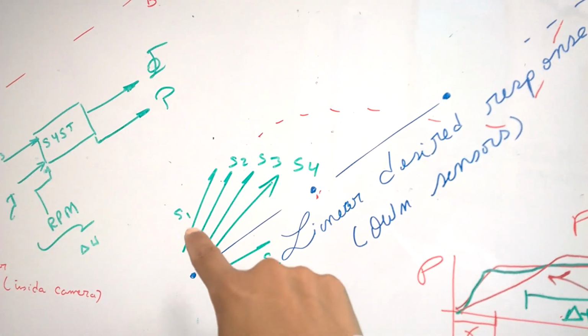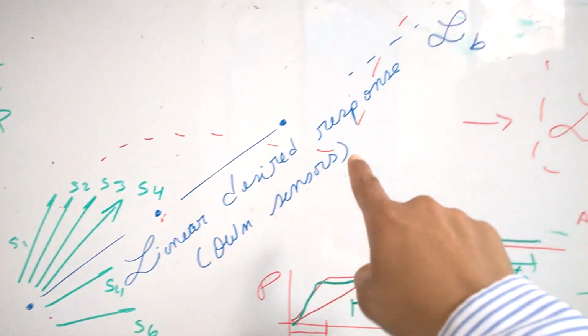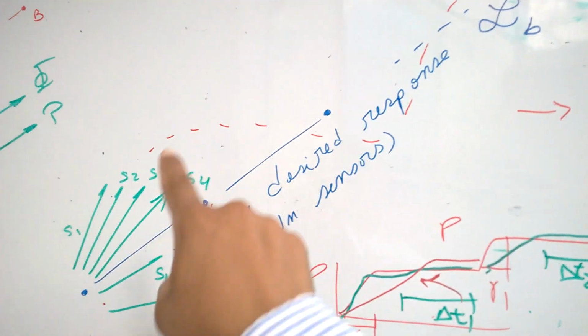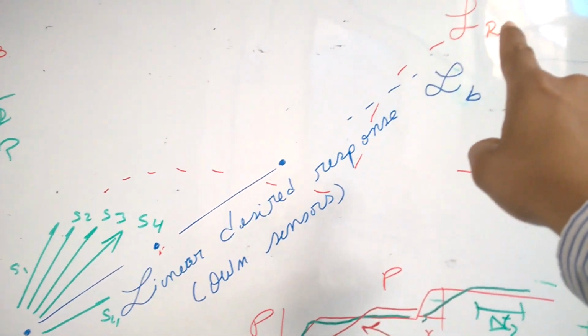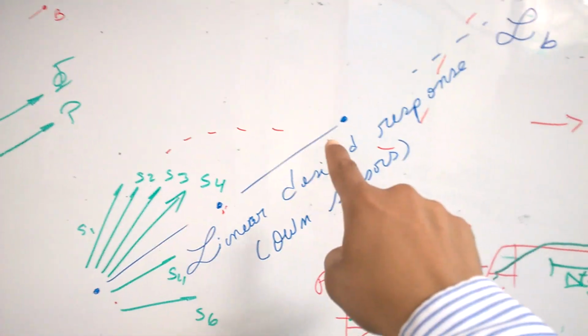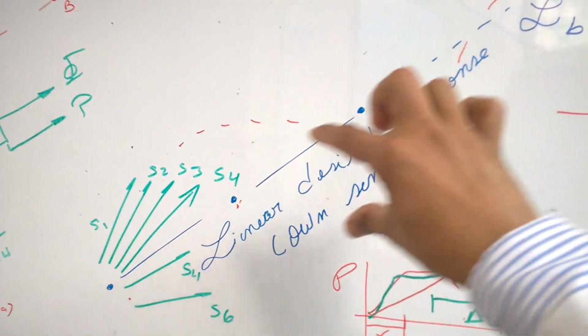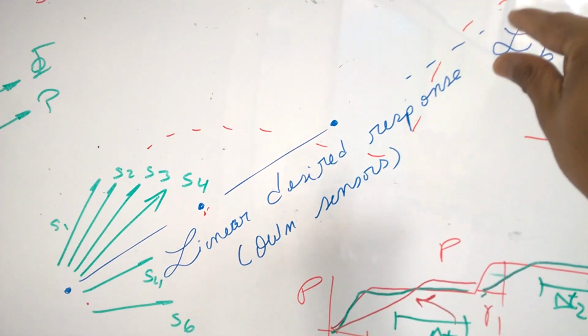But now we integrate another system with another sensor. Of course, we will obtain this red line. The task is to adapt or adjust it also to the linear blue.